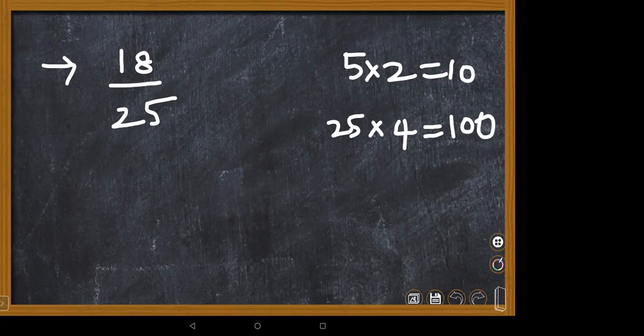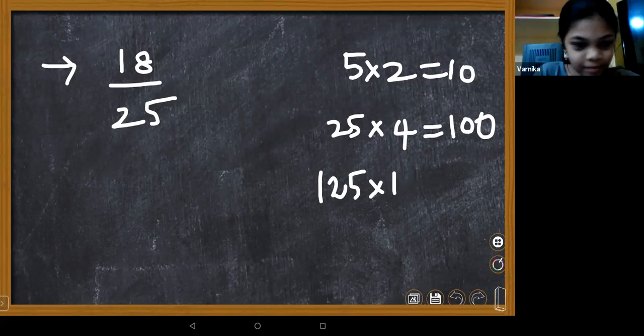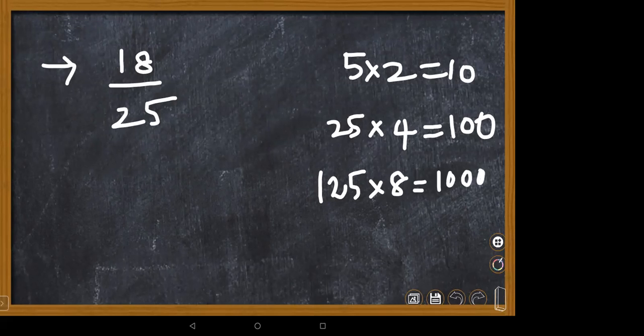Children, whenever the denominator is 125, what number are you supposed to multiply by? By 8, ma'am. Very good. 8 will give you 1000. Suppose the denominator is 625, you multiply by 16, which makes 10,000.